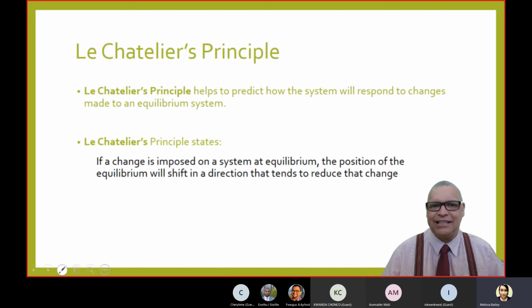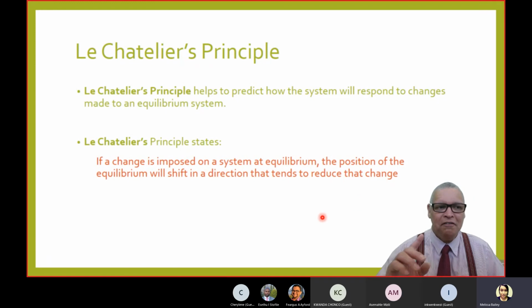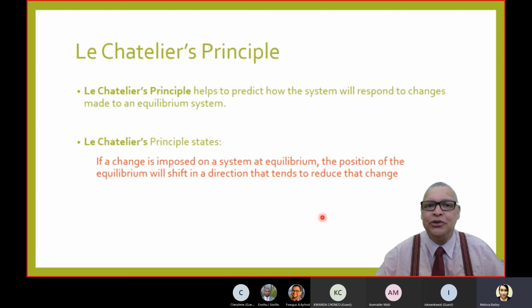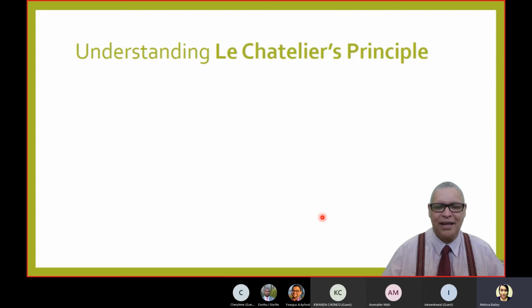And so in a very real sense, we can say that Le Chatelier's principle states, if a change is imposed on a system at equilibrium, the position of the equilibrium will shift in a direction that tends to reduce the change. Very important. If a change is imposed on a system at equilibrium, the position of the equilibrium will shift in a direction that tends to reduce the change.